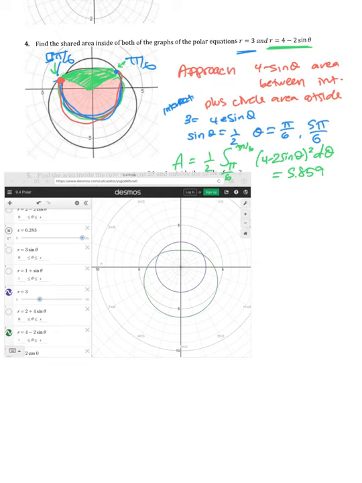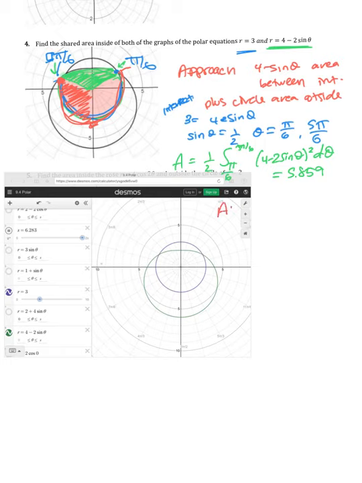The problem is I can't actually go all the way around here, because then I'm going over 2 pi radians, and that's going to get really confusing for my calculator. So what we're going to do is find the area of this half, which looks like it's going to stop at 3 pi over 2 since it's on the axes, and then we're going to double that. So let's set up that integral.